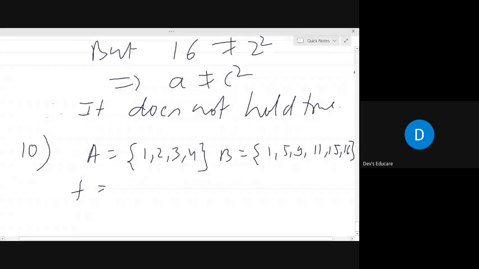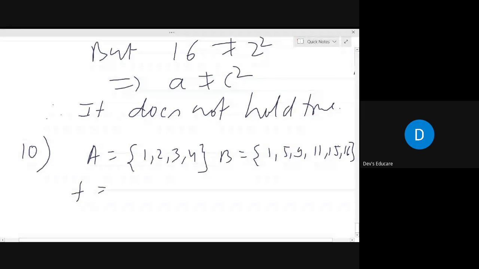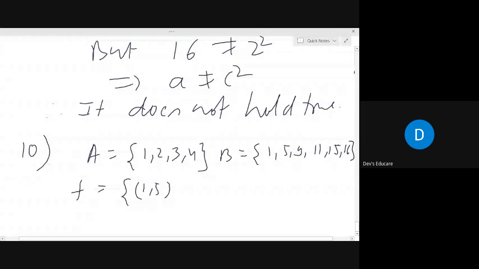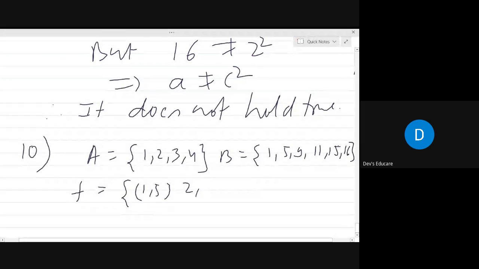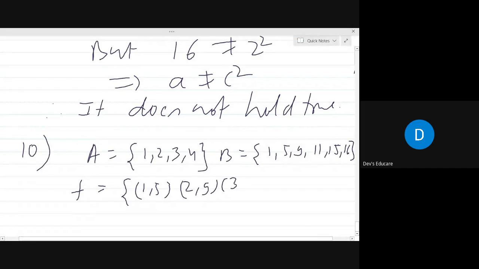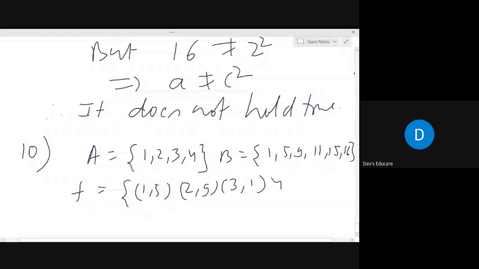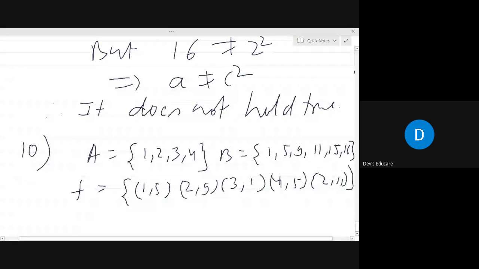F is a relation given as {(1, 5), (2, 9), (3, 1), (3, 1), (4, 5), and (2, 11)}. Are the following true? F is a relation from A to B.